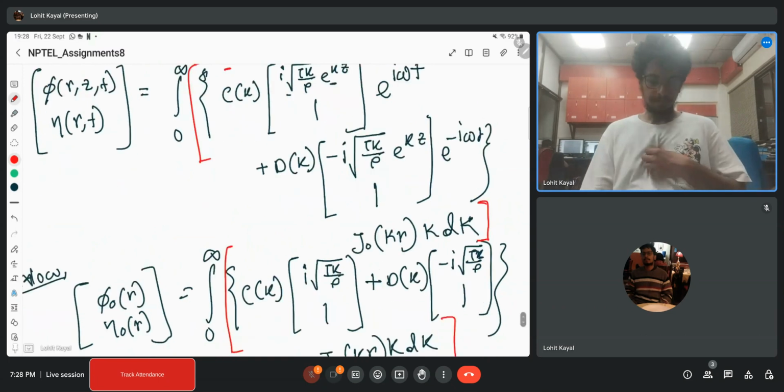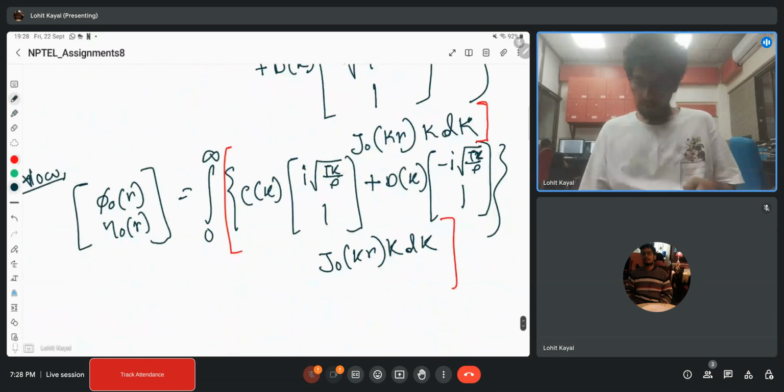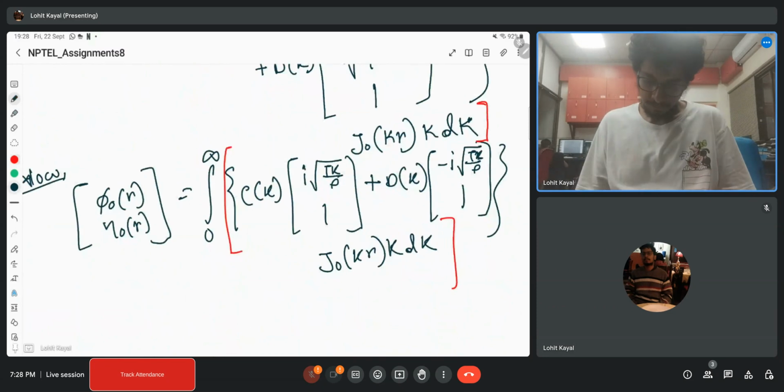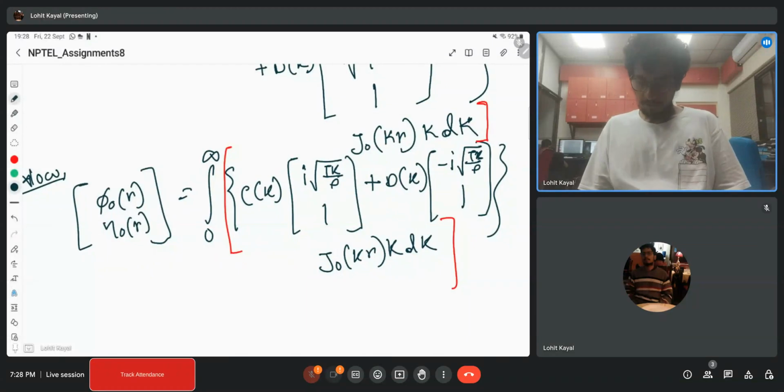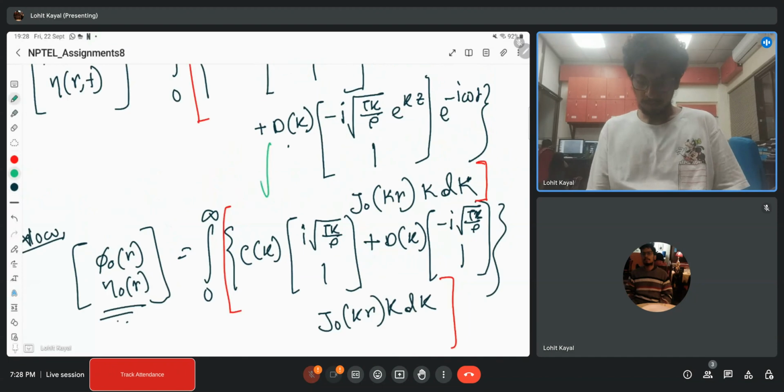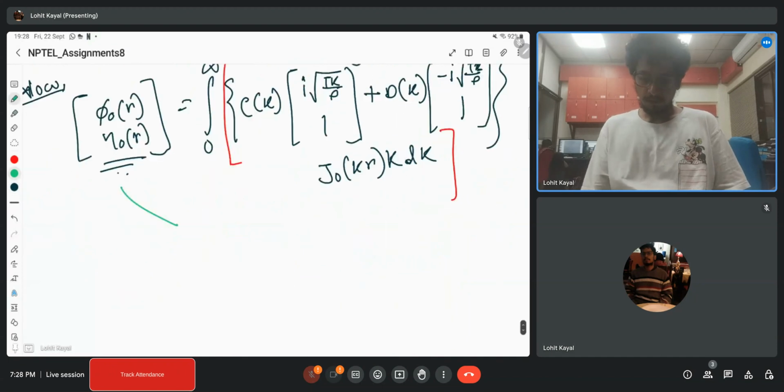Okay. So comparing this, we will get this left hand side and the right hand side. So also see that we have this. Okay, so this right hand side is coming from this equation. Also now we can convert it like this.